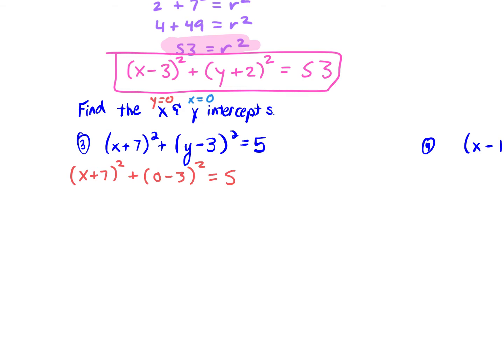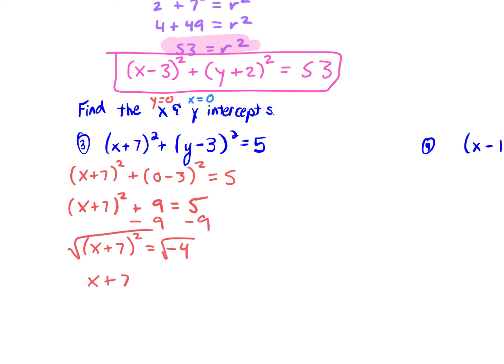Nothing super special here. So (x plus 7) squared plus 0 minus 3 is negative 3, and negative 3 squared would be 9. We can subtract 9 on both sides. So (x plus 7) squared is equal to negative 4. We take the square root of both sides.